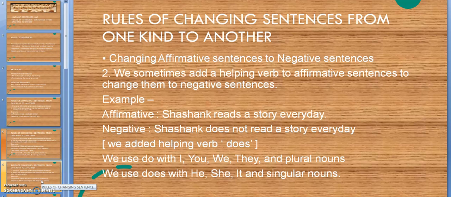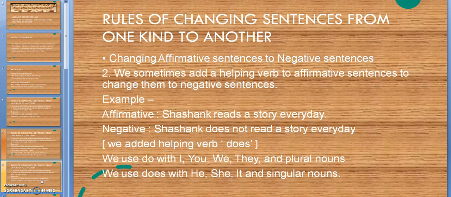Here you see where we have added does. We have added does before the verb read, and we have added not before read, and we have used does. We have used a helping verb does.